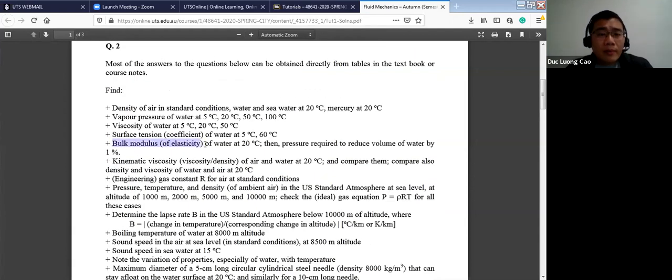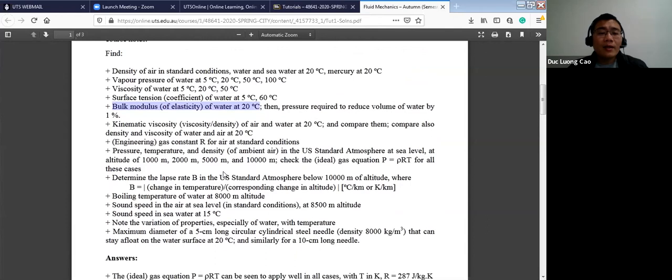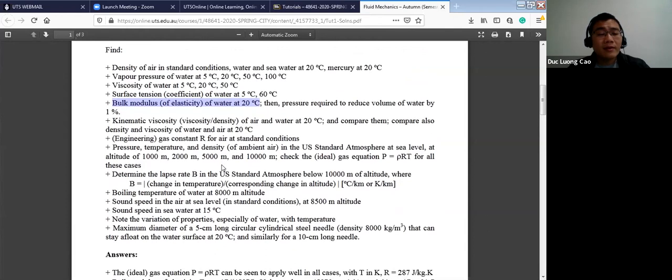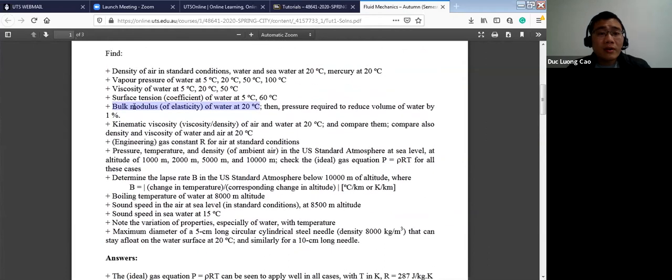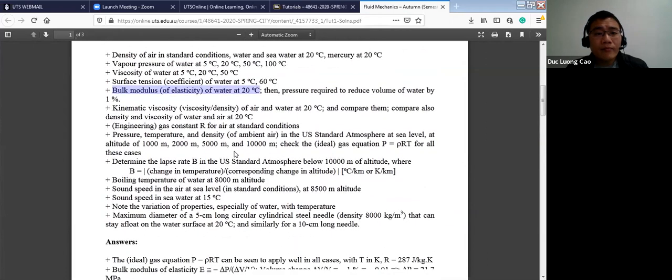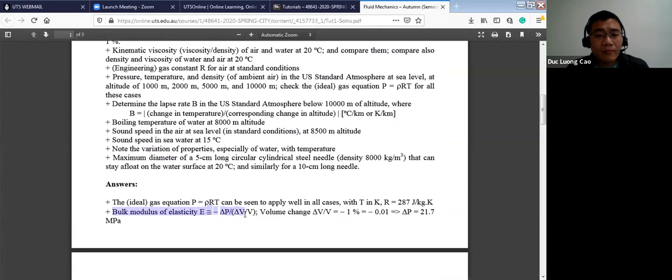Bulk modulus of elasticity of water at 20 Celsius, question 5. I think this one is a new property. And for the bulk modulus of elasticity of water, you have an equation here.